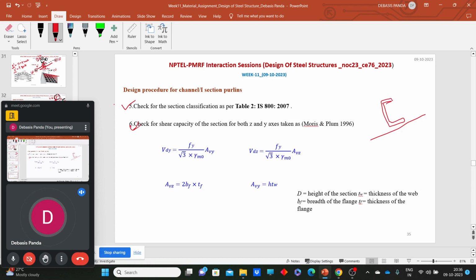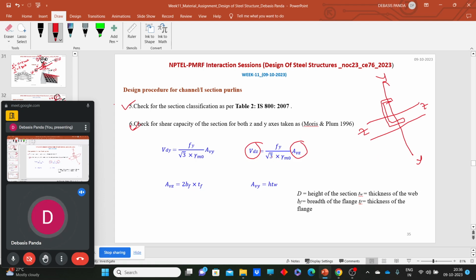So obviously we need to check the shear with respect to both the axes. If this is ZZ axis and this is YY axis, we need to check the shear capacity with respect to ZZ axis. For ZZ axis, it will be Fy by root 3 gamma m naught AVZ. And what would be the AVZ about ZZ axis?